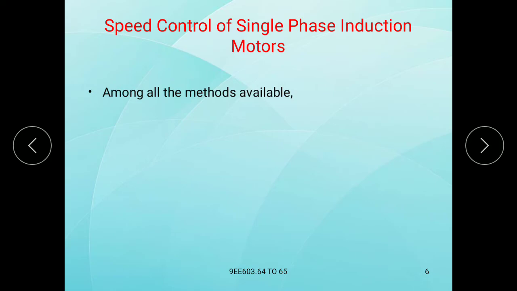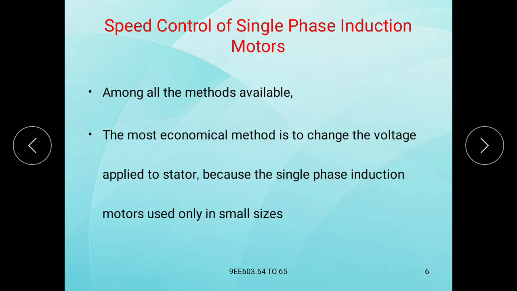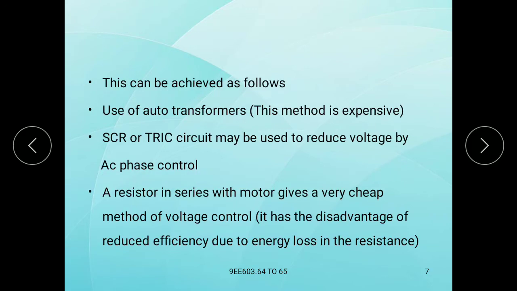Among all these methods available, the most economical method is to change the voltage applied to stator, because single phase induction motors are used only in small sizes. This can be achieved as follows: use of auto transformers.